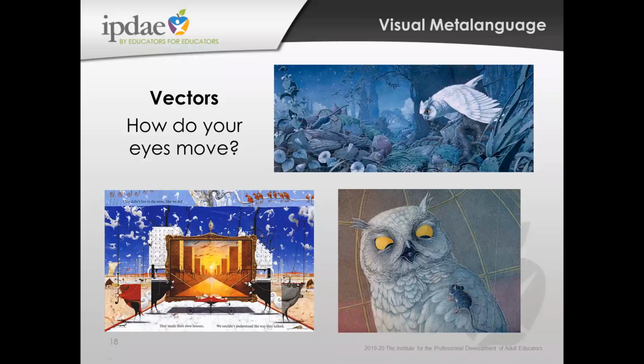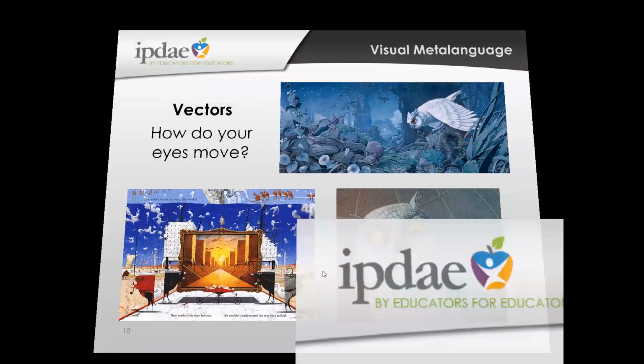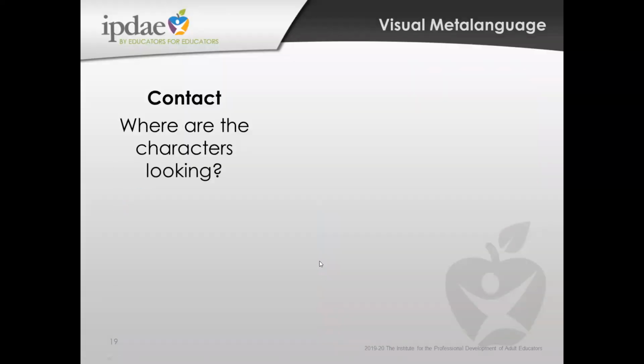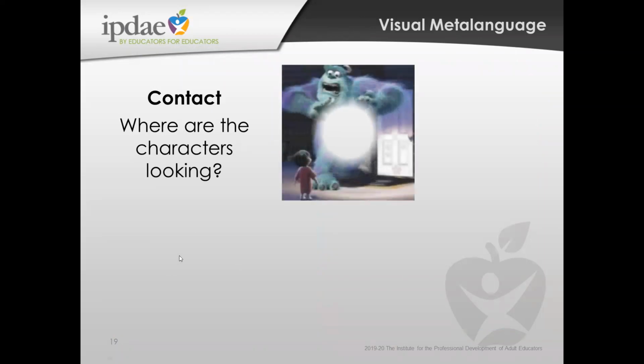Okay, let's take another look at some visual meta-language. And this is, where are the characters looking? Are these characters looking at each other? Are they looking at the viewer? Or are they looking somewhere else? Let's see. Okay, where is this picture looking? Where's this monster looking? Is he looking at another character, at each other?